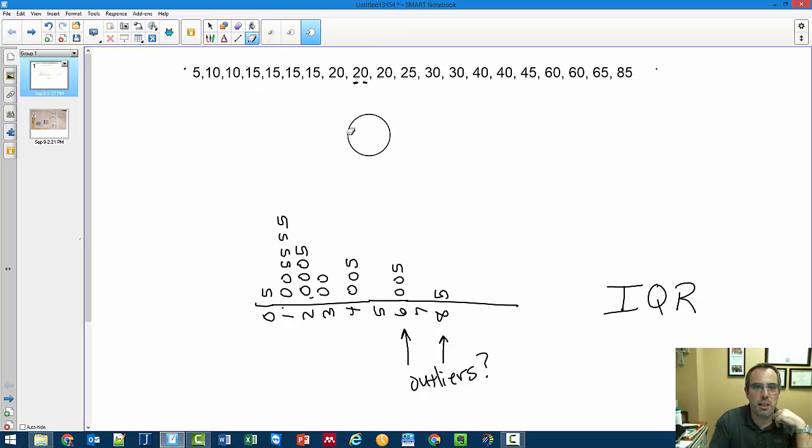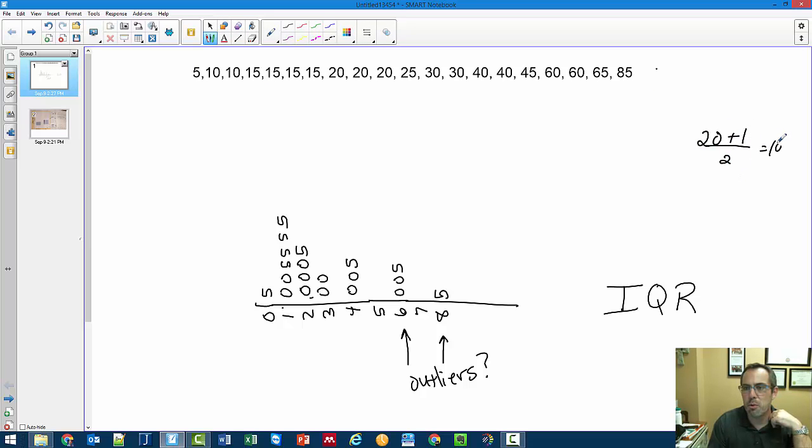In order to find the interquartile range, I first had to start with finding the median. So the median in 20 numbers, I said, was going to be 20 plus 1 divided by 2, which ends up being 10.5. That 0.5 tells me it's halfway between the 10th and the 11th number. So 1, 2, 3, 4, 5, 6, 7, 8, 9, 10. Here's halfway between 10 and 11, so the median is 22.5.